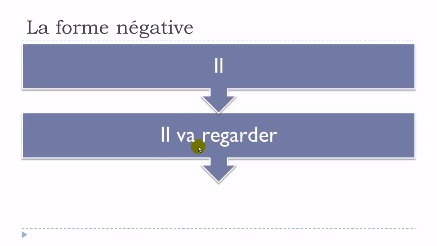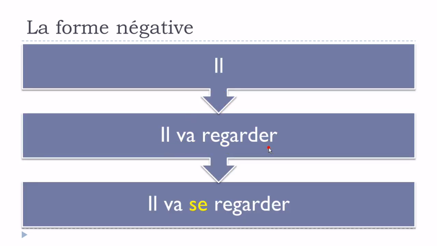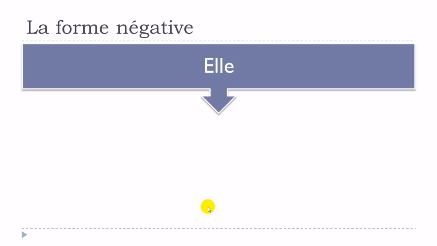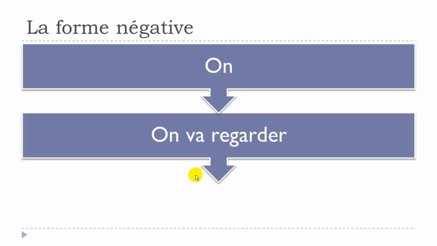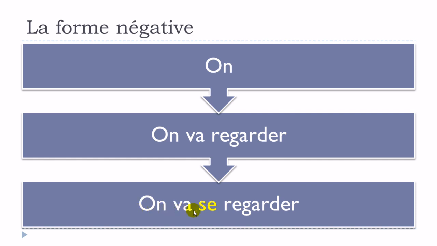Il va regarder, and good news for you, it's actually quite simple. Il va se regarder. For the third person, it will be se. Elle va regarder, and then same thing, elle va se regarder, because elle is also the third person singular. And then on as well, on va regarder, on va se regarder.